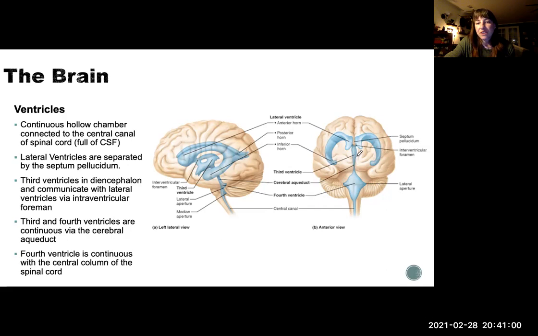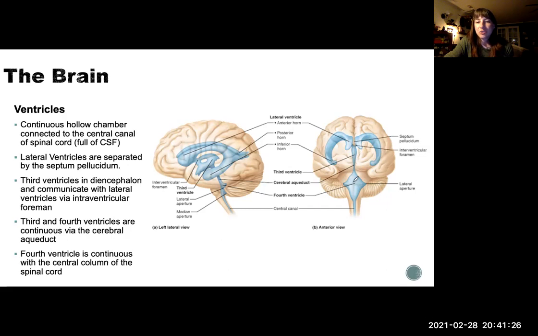The third ventricle, which from a lateral view looks like this, but from the front, from an anterior view, looks very flat. It is right in the middle of the brain. Okay, so it is medial. And then finally, the fourth ventricle is inferior to both the third and the lateral ventricles.